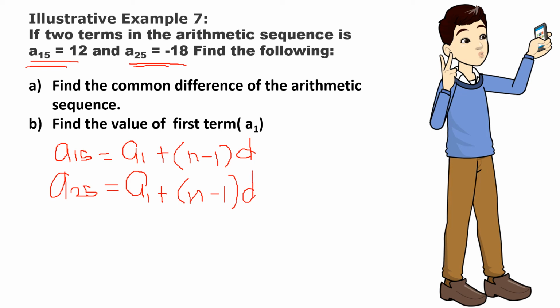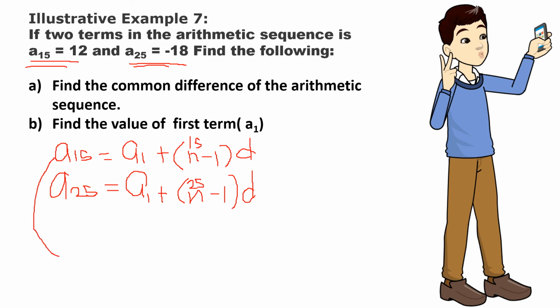So palitan na natin ng mga value. So ito pwedeng palitan natin ng 25. Ito naman ay 15. Pwede natin palitan sila. Yan. Okay, so palitan natin ng value. So we have A15 is 12 equals, so sa baba ko isulat para hindi kayo maguluhan, para hindi maging baliktad yung ating value.